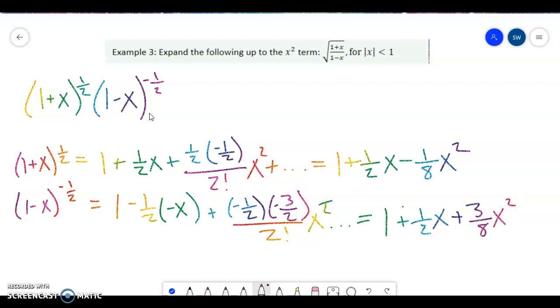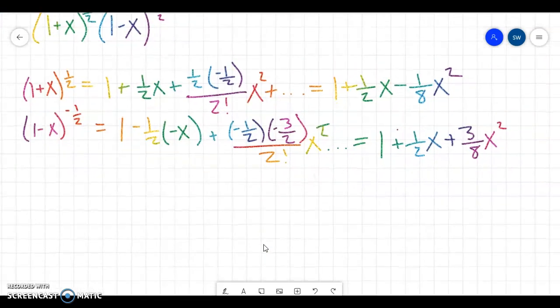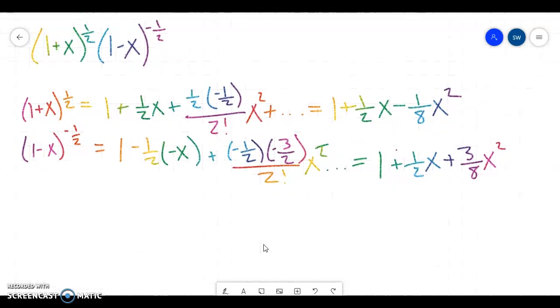Okay, that took a while, but let's make sure we understand what happened. We rewrote this to look like this. We have 1 plus x to the 1/2, and then 1 minus x to the negative 1/2. Then we expanded each of those individually. So we're halfway through this problem now. Since I want the total expansion of this, I'm now going to rewrite this.